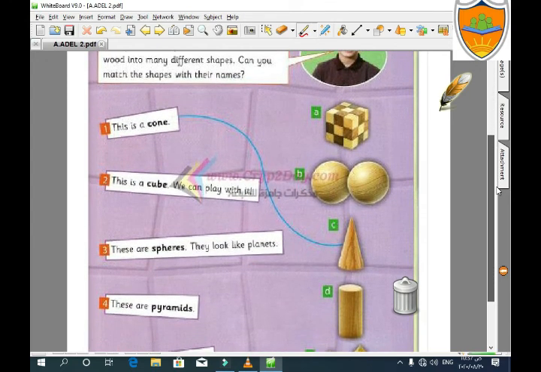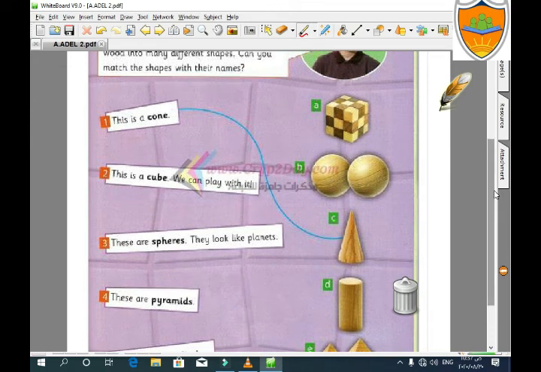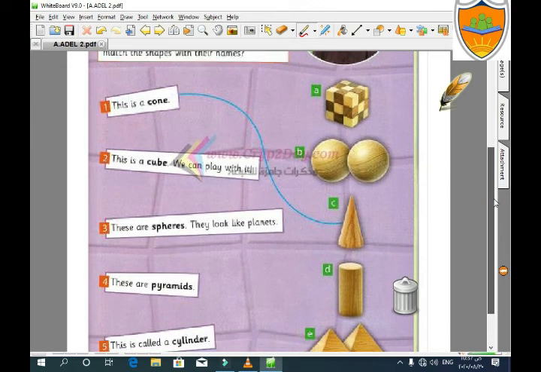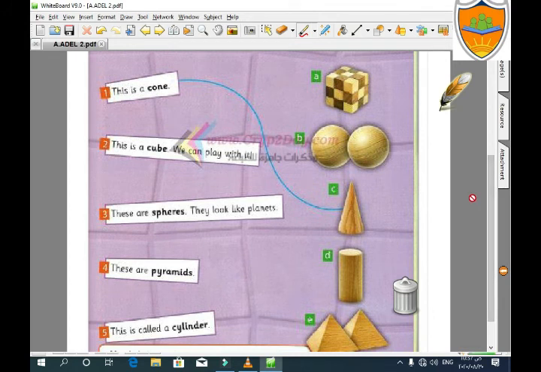We have here number 1, this is a cone. Where is the cone? Letter C. Number 2, this is a cube. We can play with it. Where is the cube? Letter A. So we will match number 2 with letter A.